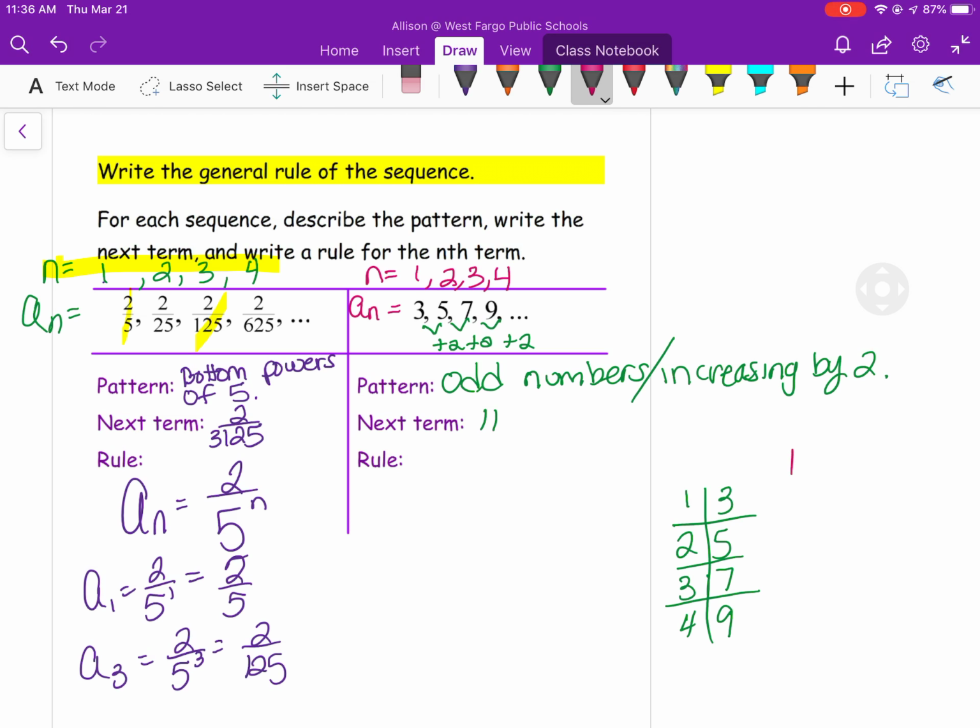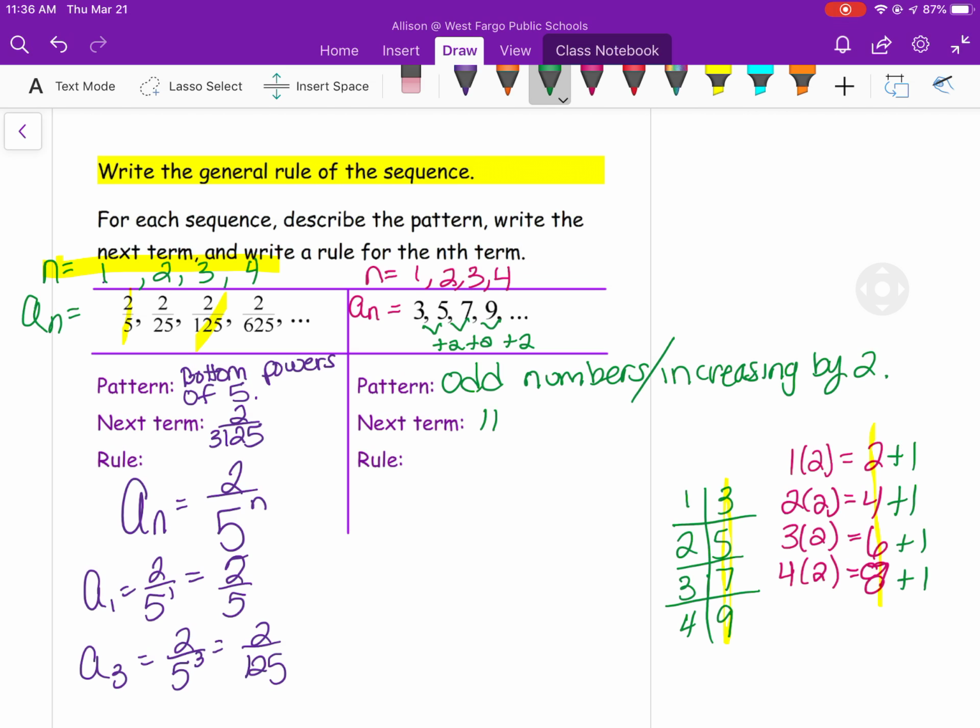So I could take 1 times 2 and I'd get 2. 2 times 2, I get 4. 3 times 2, I get 6. 4 times 2, I get 8. And these numbers here are really close to these numbers here, except that I need one more, so plus 1 on each to get to the next ones. So my rule is actually going to be 2 times n and then plus 1.